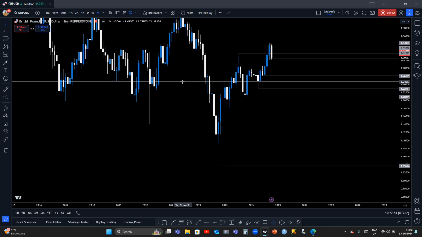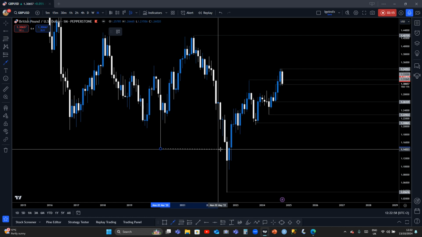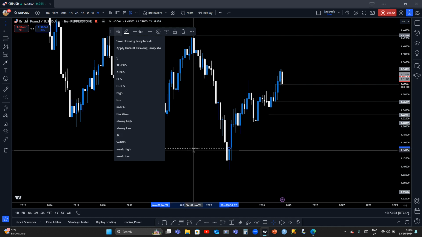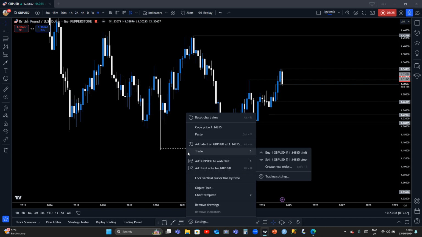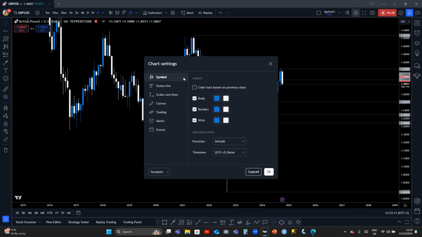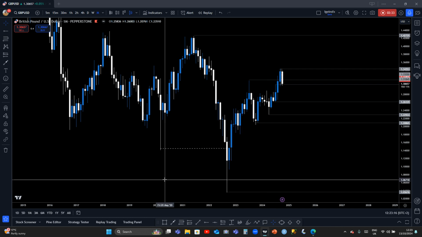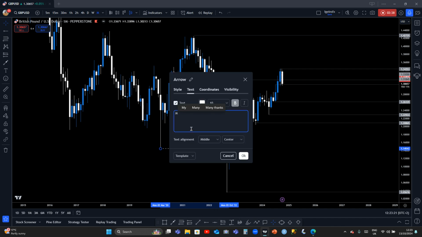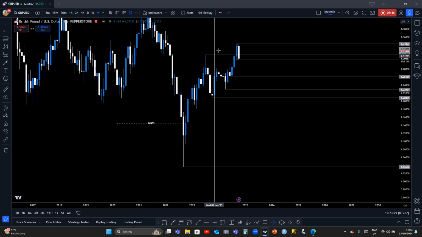This is the last break of structure. After this break of structure, we are experiencing a pullback.